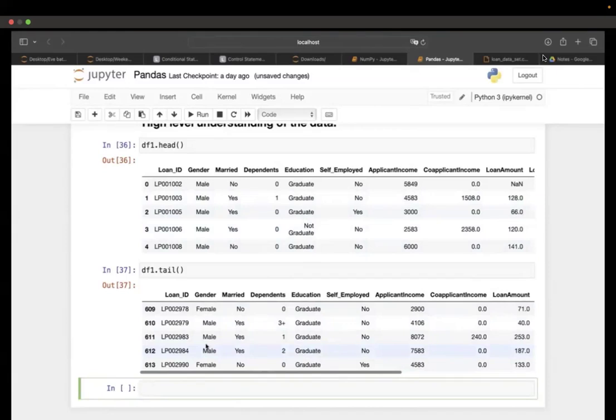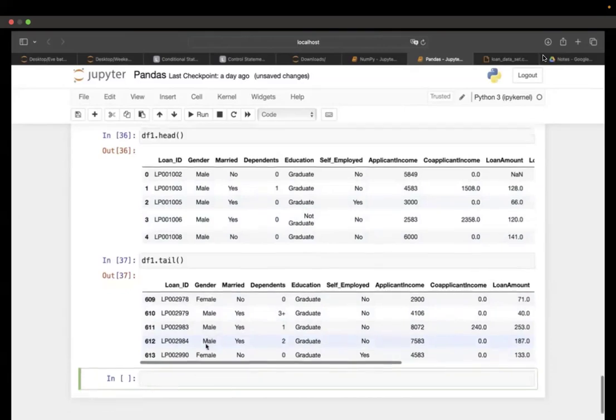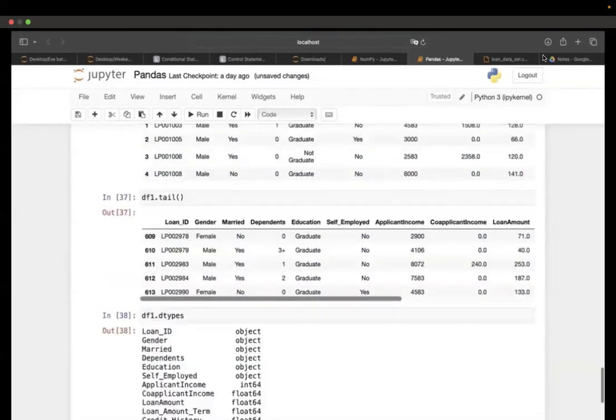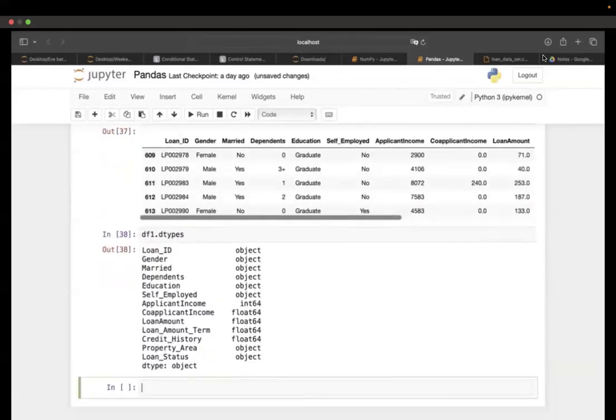Getting it? So that is why we find the head and tail of your data. Once you're done finding head and tail of your data, then we write df1.dtypes. Now you can see it is giving me the data type of every feature, where object is signifying the string type of data.